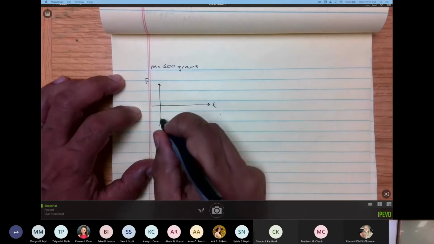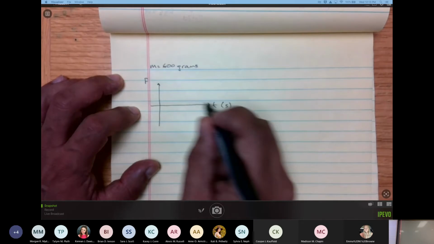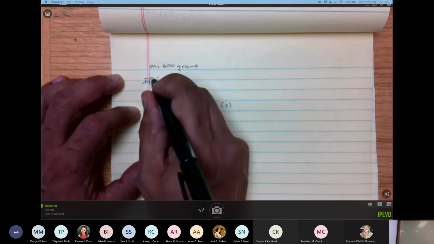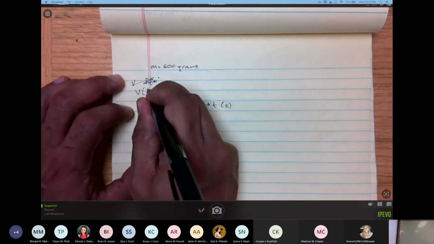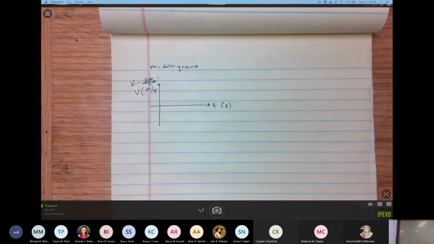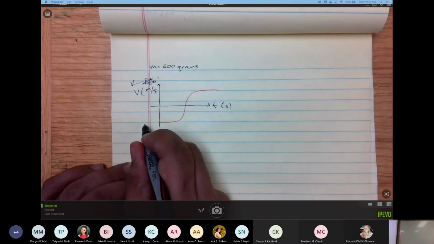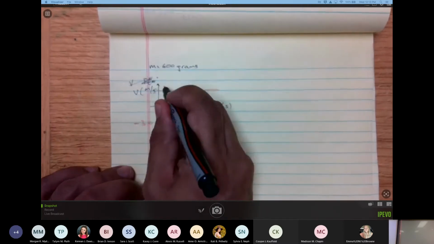And this is going to be in seconds. This is going to be in newtons. No, sorry. Time versus velocity. And the velocity is going to be in meters per second. And the graph of velocity is going to look something like this. So this is -3.0, and this will be 3.0. Okay.